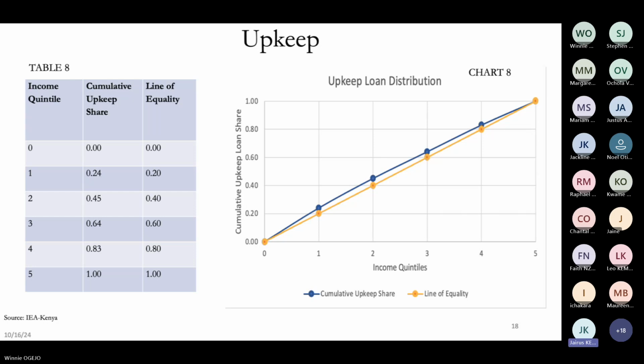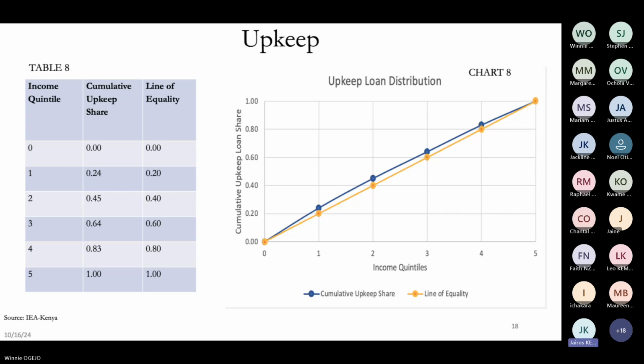If you look at the cumulative for the first 2 income quintiles, they received 45% of the total share, which is again 5 percentage points higher than the equitable share.